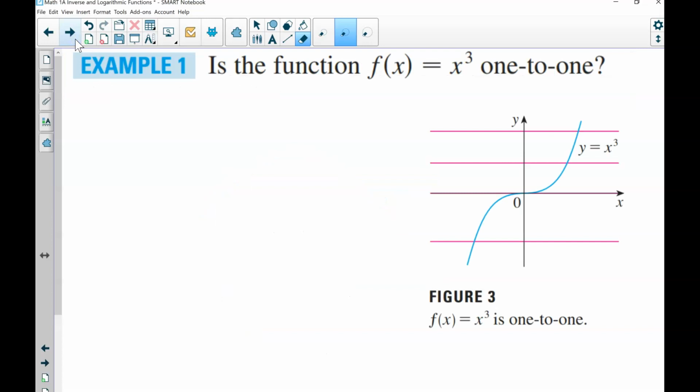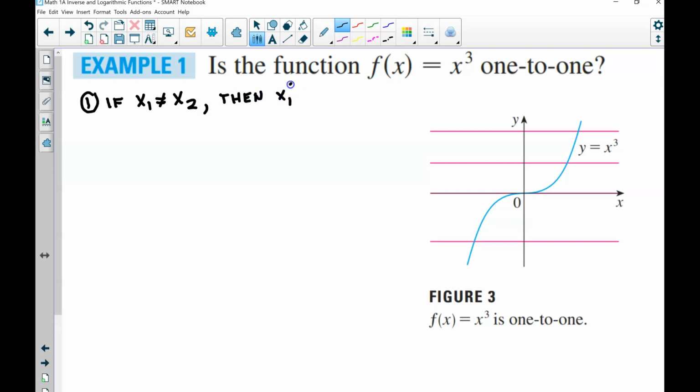Okay, let's take a look at the first example. We want to determine if the function x cubed is a one-to-one function. So there are two ways of determining this solution. The first one is basically stating that from that definition, if x1 does not equal x2, then because this is a cubic function, x1 cubed does not equal x2 cubed. So two different numbers can't have the same cube.